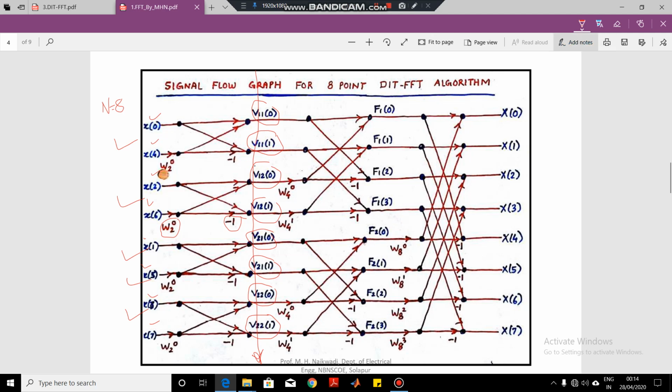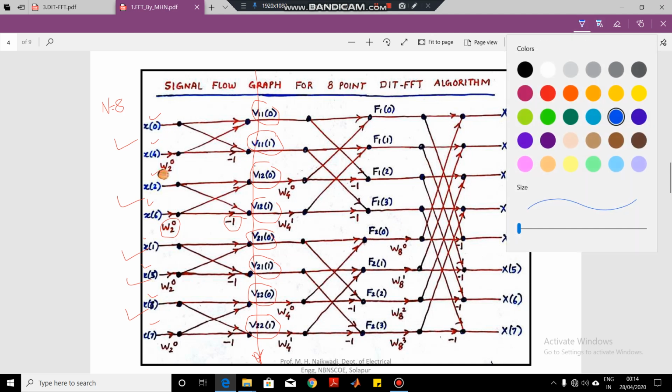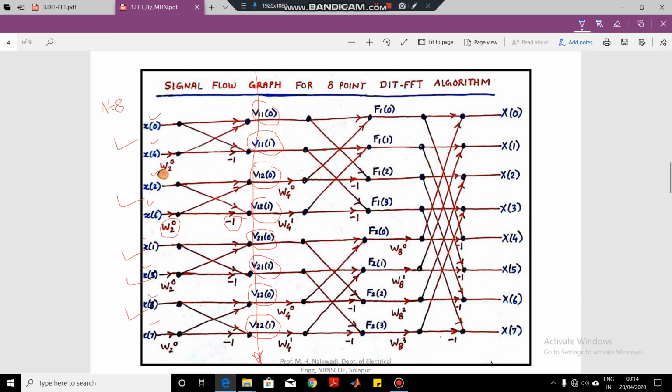If you see carefully here, I will show you this with a different color. Here we have this as the first output and this as our second output. So the first output of the first butterfly and the first output of the second butterfly will be combined with this butterfly.